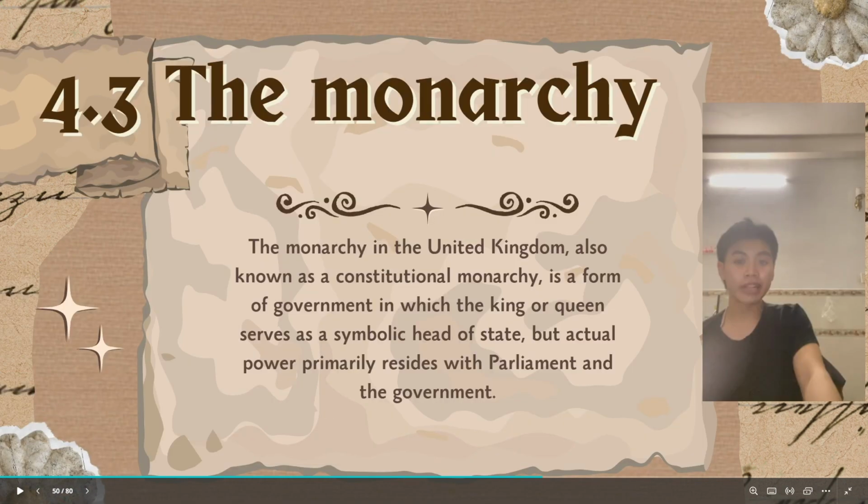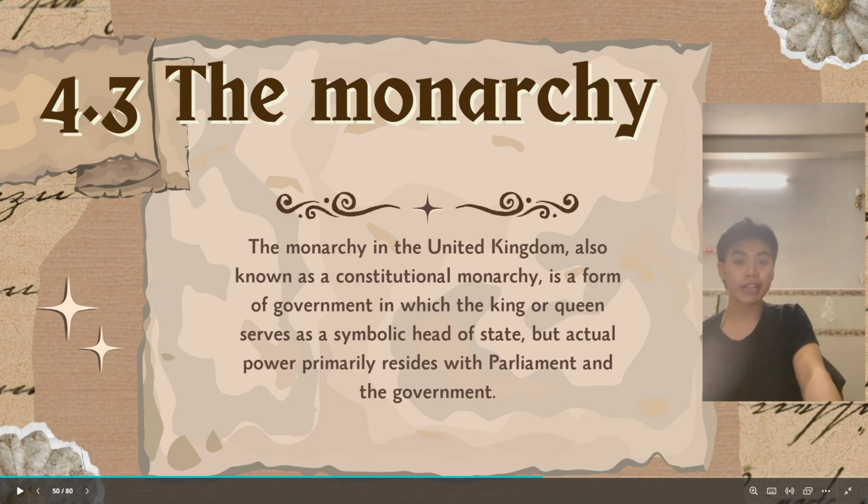Next, the monarchy. The monarchy in the United Kingdom, also known as a constitutional monarchy, is a form of government in which the king or queen serves as a symbolic head of state, but the actual power primarily resides with Parliament and the government.